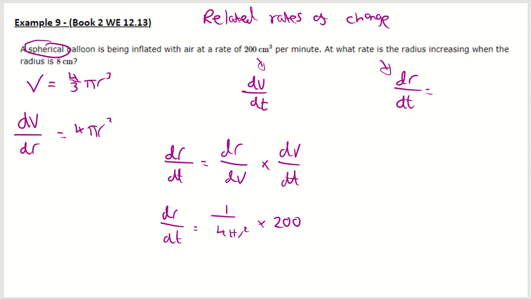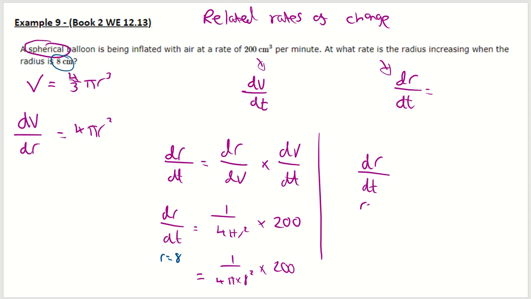And then all we need to do is substitute in the value we're told, which is 8. So this is when r equals 8, and then calculate this, which will equal 1 over 4 pi times 8 squared, times 200. Okay, which means for this question, our dr over dt, when r equals 8, is going to equal, grab my calculator.